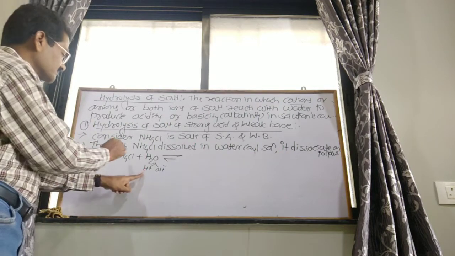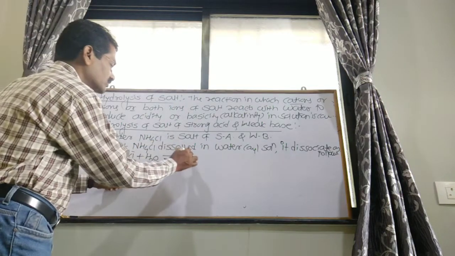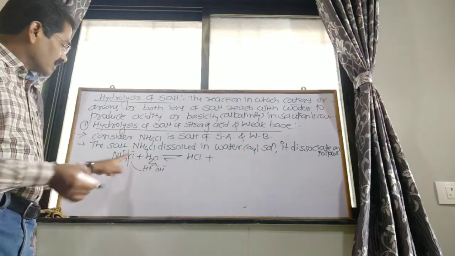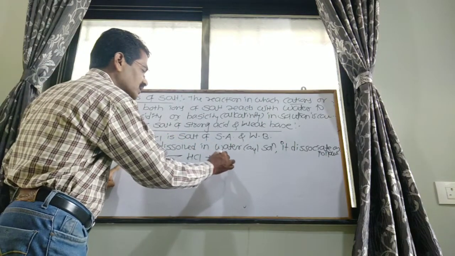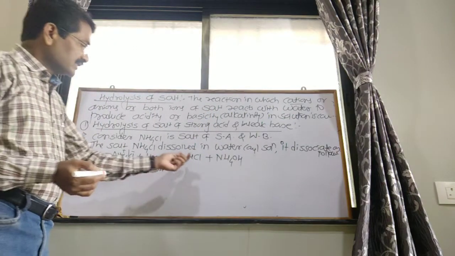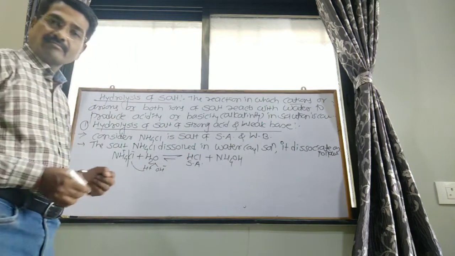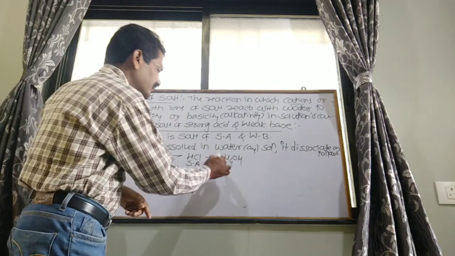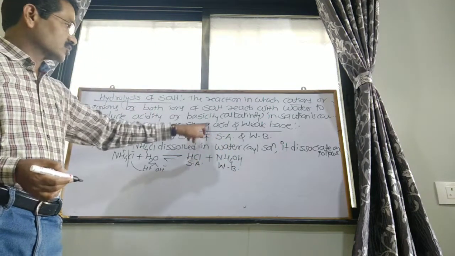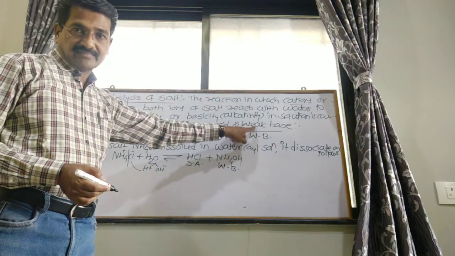This H plus combines with Cl to form HCl, and OH combines with NH4 to form NH4OH, ammonium hydroxide. This hydrochloric acid is the strong acid. Ammonium hydroxide is the weak base. HCl is the strong acid and NH4OH is the weak base.